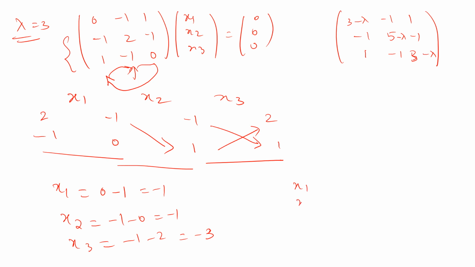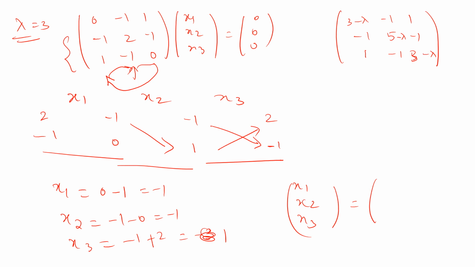So x1, x2, x3 is equal to... so here we have minus 1, 0, minus 1, 1. There is some mistake, actually here it is minus 1, so it will be minus 1 plus 2, so this will be plus 1, right?